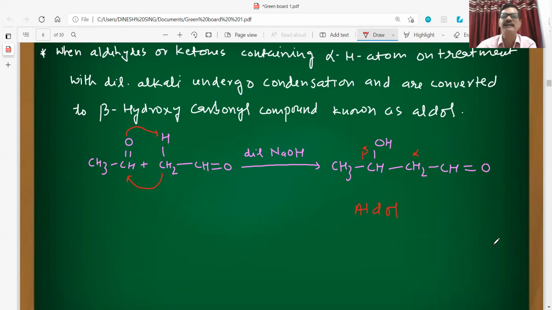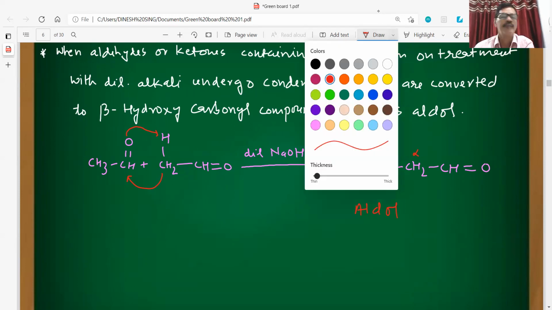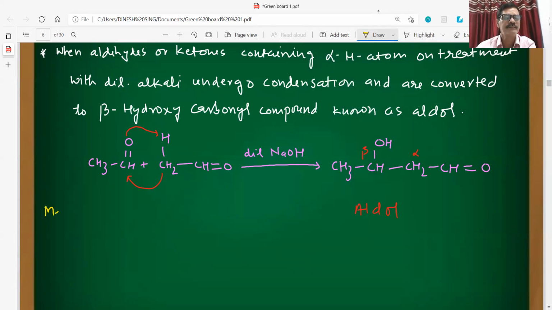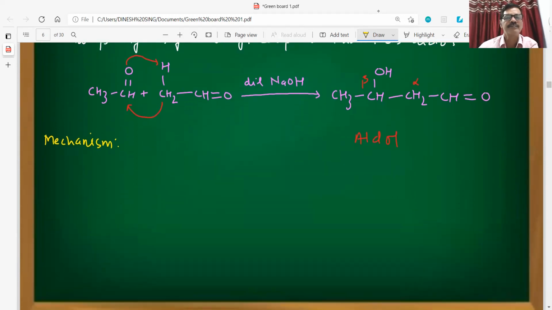If we see the mechanism for this reaction, NaOH gives OH minus, a very strong base.